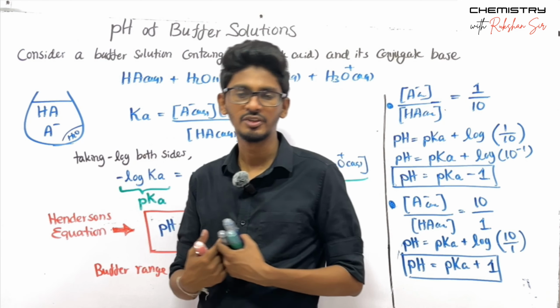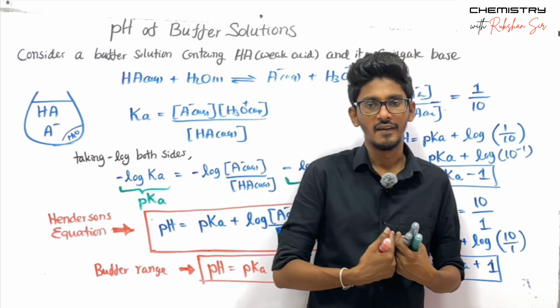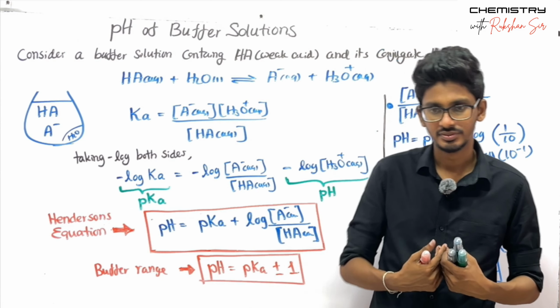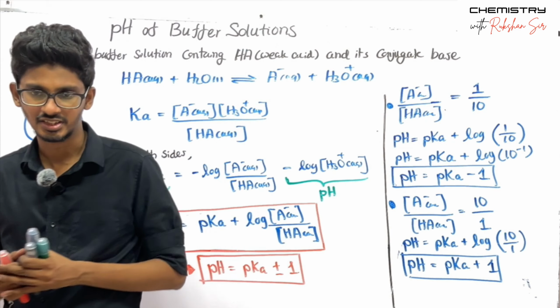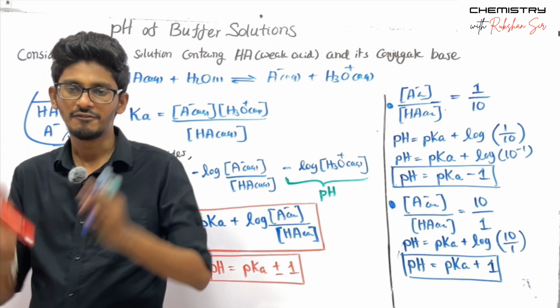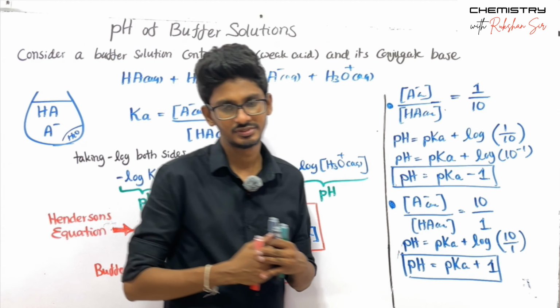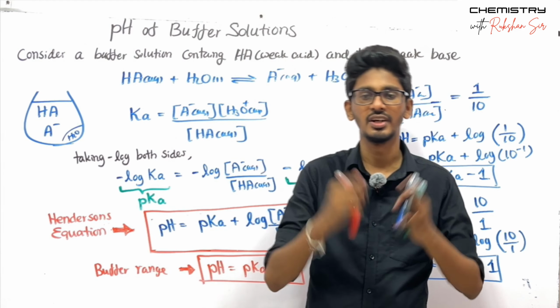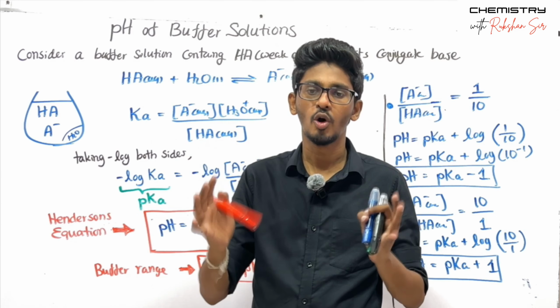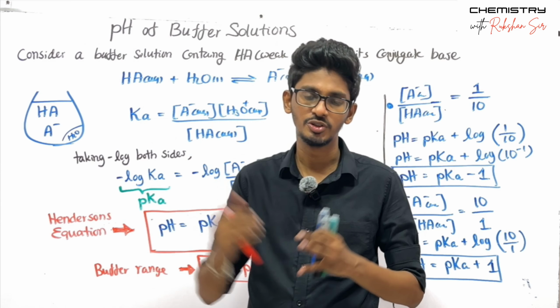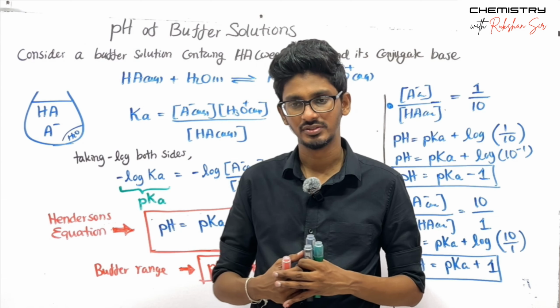So you construct a buffer solution with HA and A minus. Its pKa value is 5, so it can show its buffer action in the range of 5 plus 1 and 5 minus 1. That means in the range of pH 4 to 6, this buffer solution can show its buffer action. That is the idea.